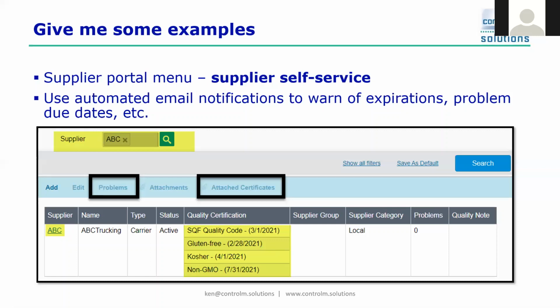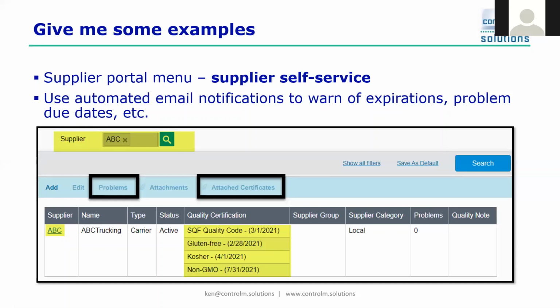Maybe you get that email 60 days in advance so that you can contact the supplier and say, hey, we need your new SQF certificate, and we need to attach it here. Using the supplier portal, that notification can go directly to your supplier 60 days in advance of the expiration date on March 1st, and they can attach their own certificate.